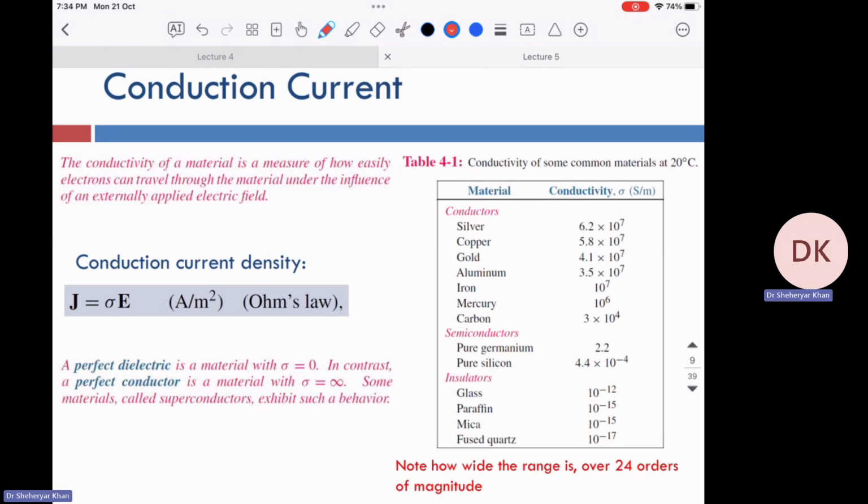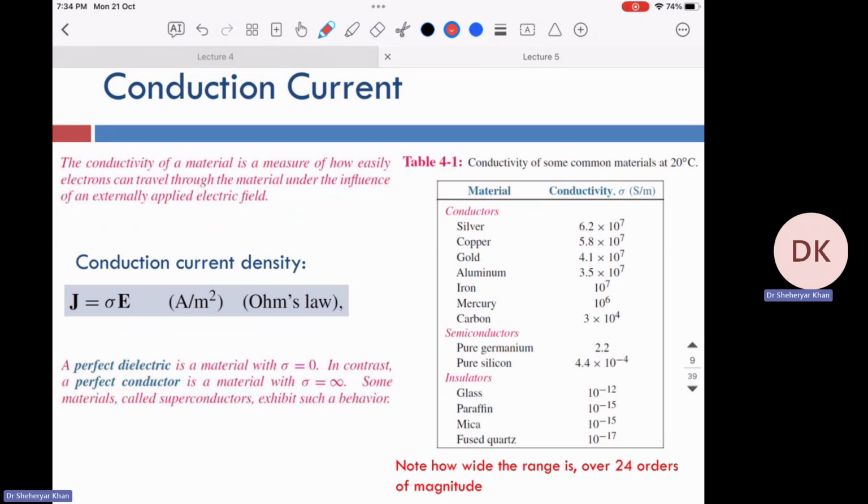So for a perfect dielectric, sigma is 0. In contrast, a perfect conductor is a material with sigma infinite. Perfect actually means ideal, so you would see that the conductivity is almost infinite, very, very high, for a perfect conductor.